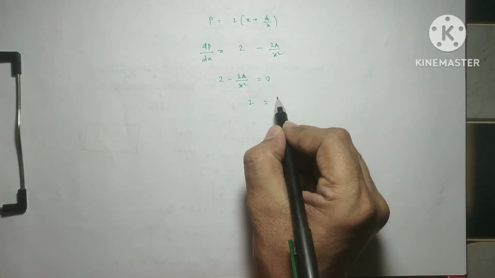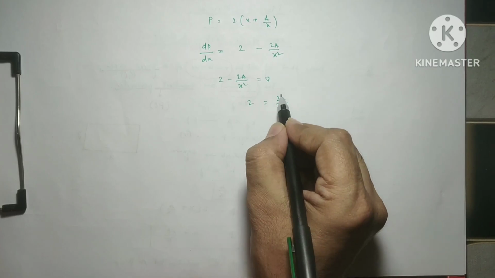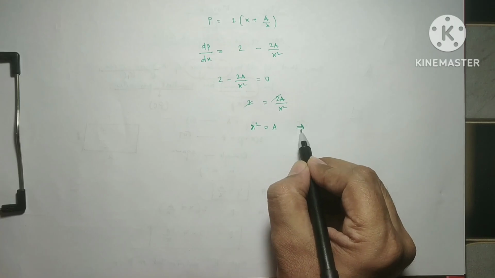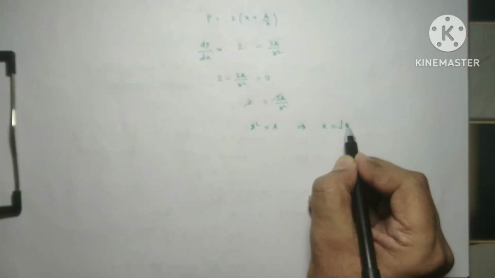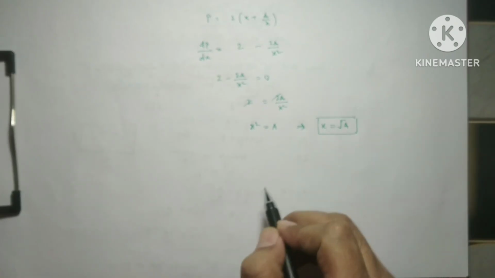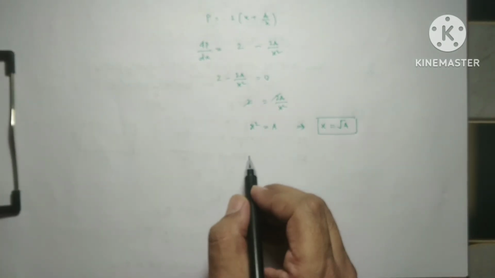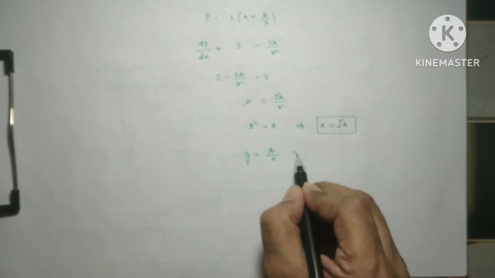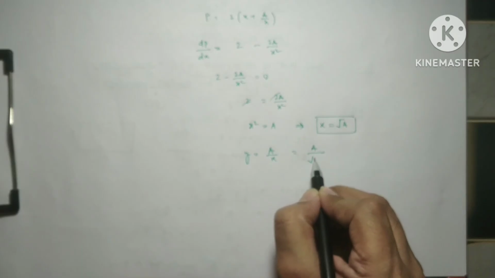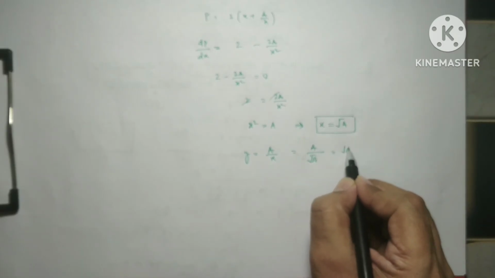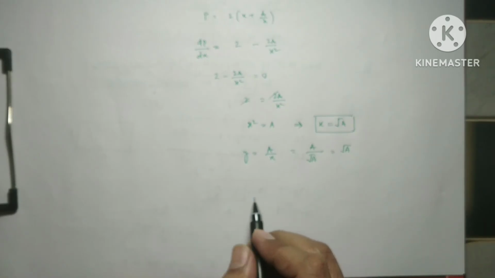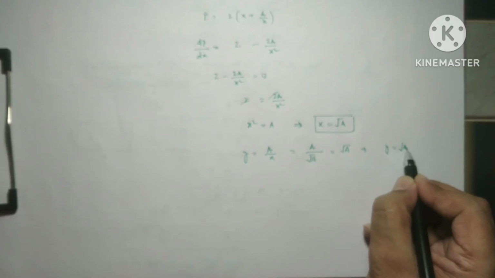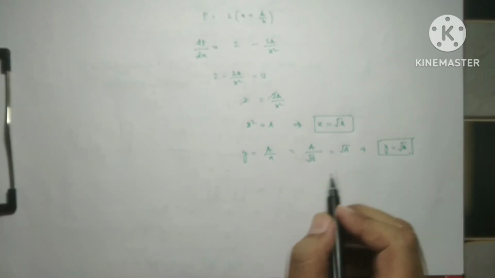So 2 equals 2a over x square. Cancel out the 2s, so x square equals a, and this gives the value of x, that is root a. The value of y is a over x, so it will be a over root a, which also gives root a. So the value of y is root a, and the values of x and y are both equal.